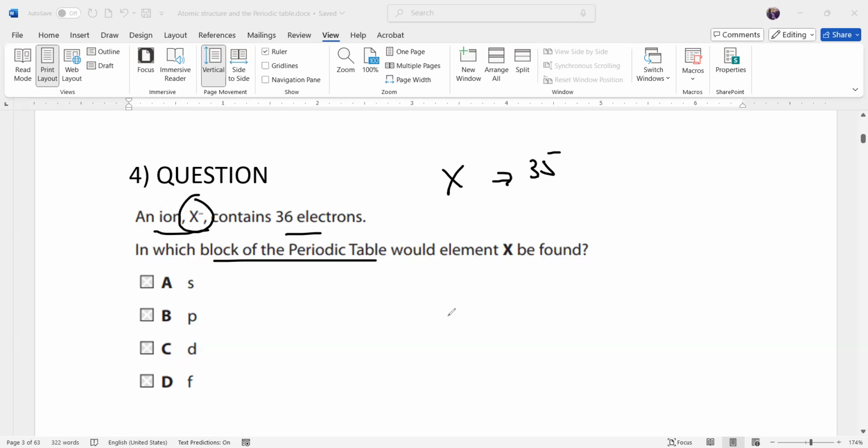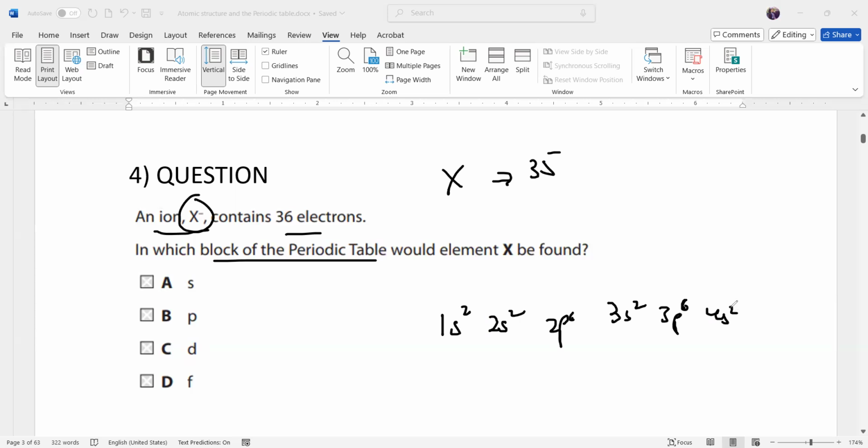So the configuration will be what? It will be 1s2, 2s2, 2p6, 3s2, 3p6, 4s2.